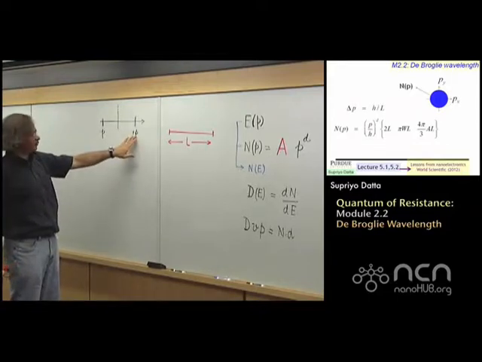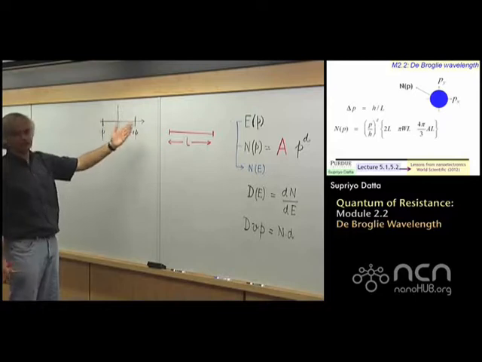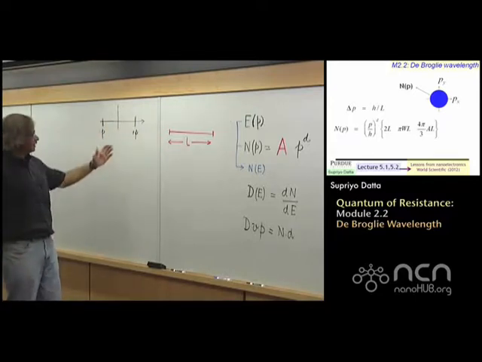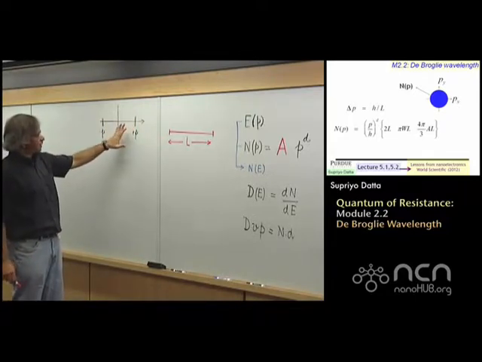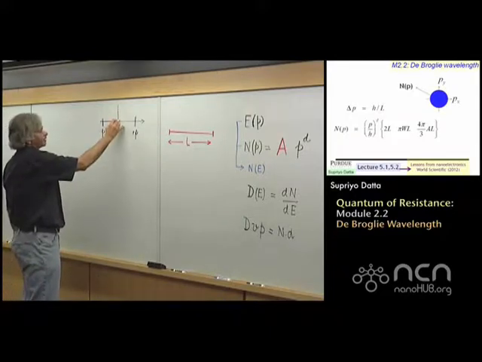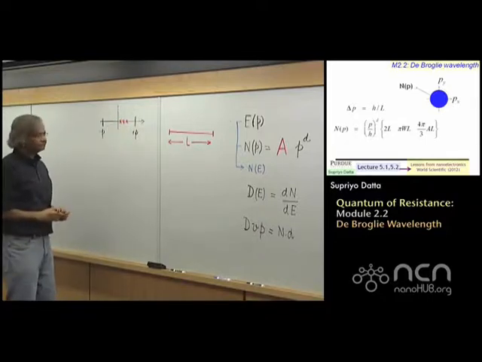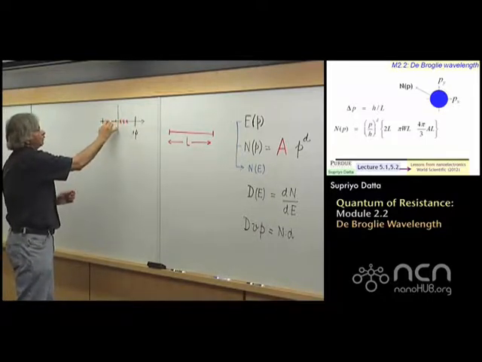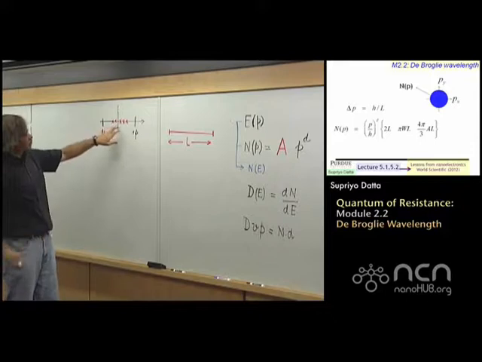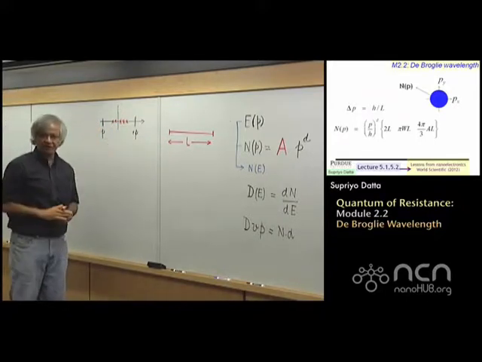There is a maximum value plus p, a minimum value minus p, and we want to count the number of states. Basically, you count the number of states by saying that electrons can have certain values of momentum, and one then tries to figure out how many of these allowed values are contained within this range.